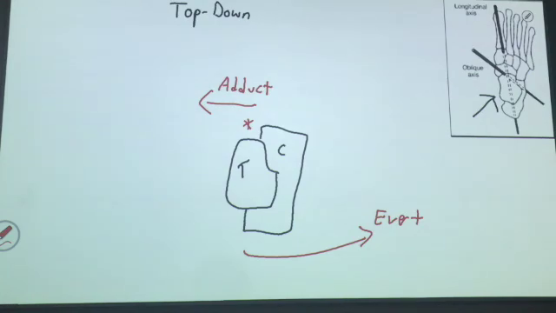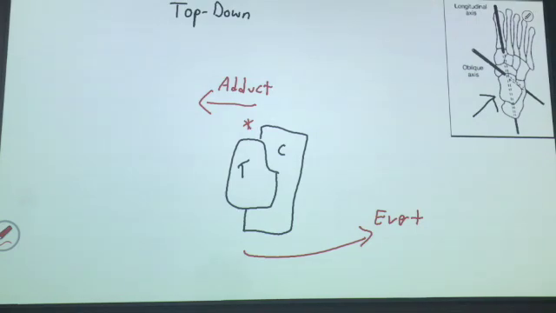And when we start to think about inversion, we also need to start thinking about controlling eversion. So when my triceps surae, my gastrocnemius and my soleus, contract eccentrically, that will control eversion. I want to make sure that you really understand this concept.